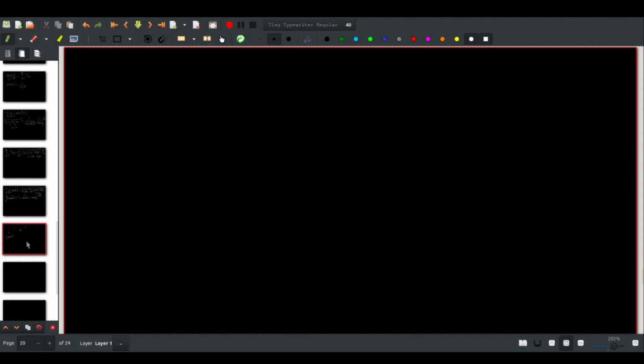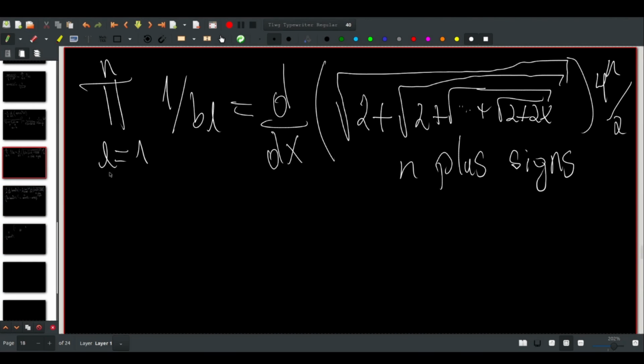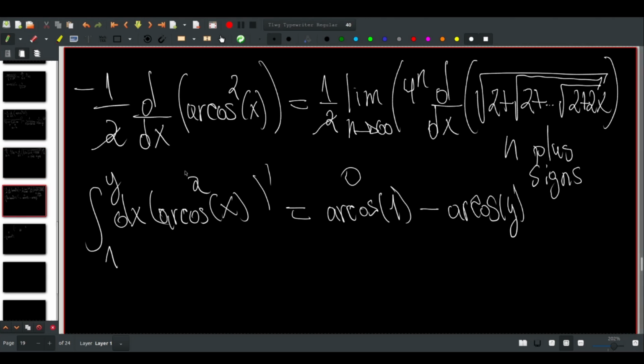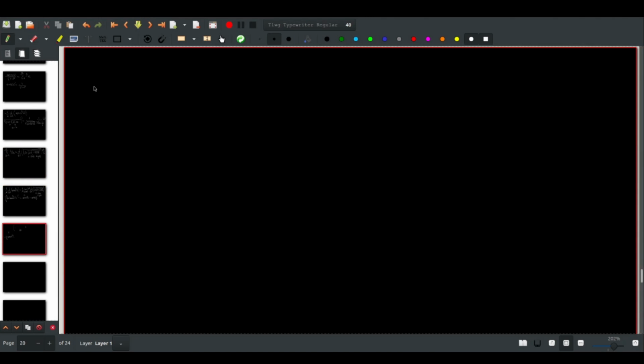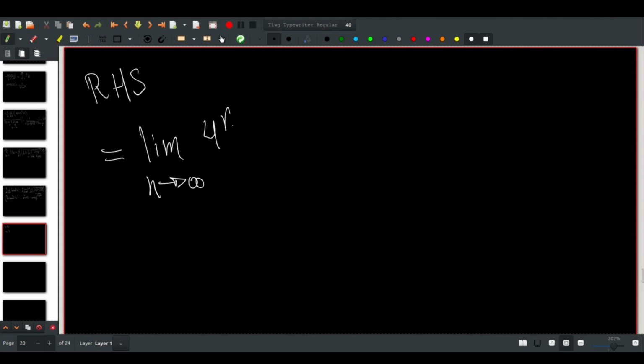And we now evaluate the right hand side. The right hand side, as we just said, is going to be what? This right hand side, after the integration, would be the limit when n goes to infinity of 4 to the n times these roots.